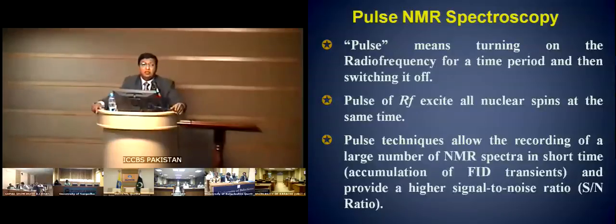In quick and dirty high throughput NMR spectroscopy, you don't really wait that long, because you're not really elucidating the structure. The objectives are quite different.